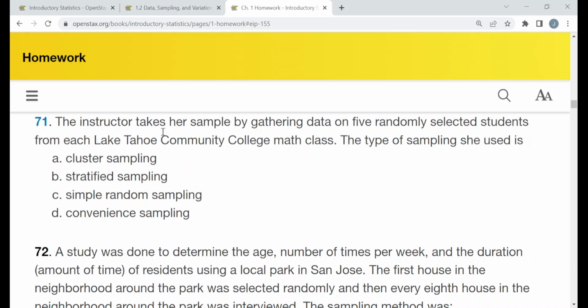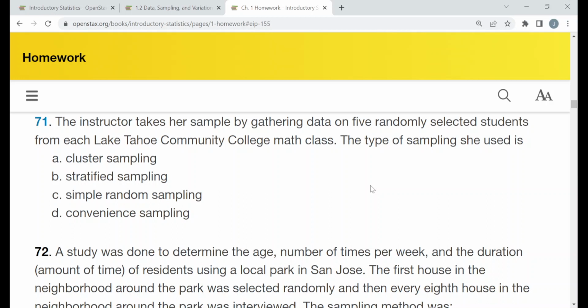The instructor takes her sample by gathering data on 5 randomly selected students from each Lake Tahoe Community College math class. What type of sampling was used there? Basically, she took 5 randomly selected students from each math class.